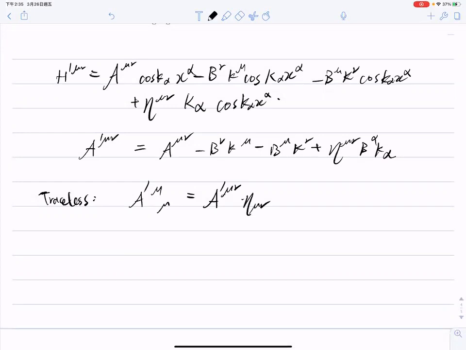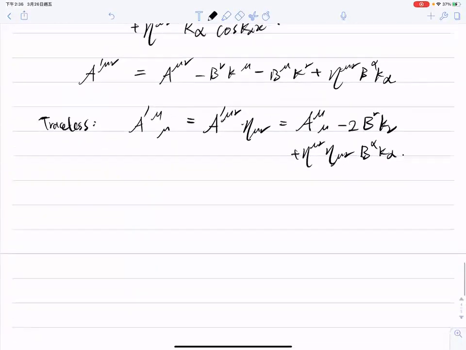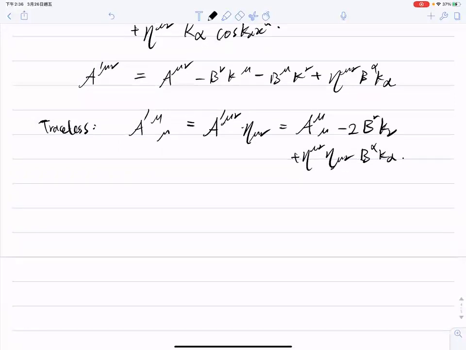Okay, so after that we have A mu, and write out all of this. And you know the trace of a metric will be equal to 4.